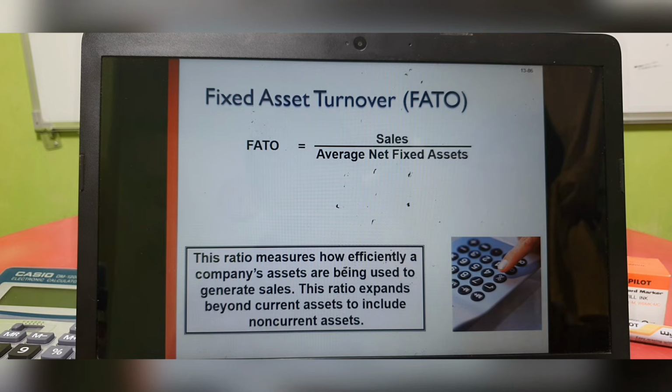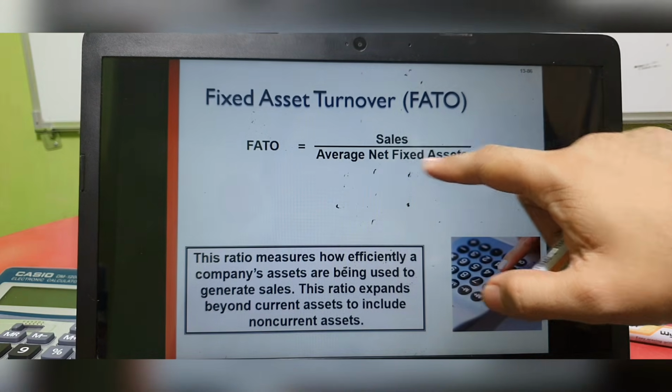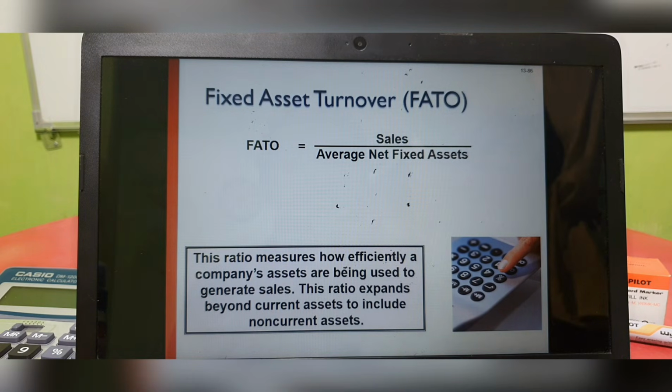Siyempre, dapat kaya ang expectation din natin pagdating sa sales ay pababa din siya. Kasi talagang yung efficiency ng ating machines or PPEs, hindi kasing efficient yan just like nung una natin yung binili. Kaya para match lang yung sales na na-generate for a particular period, dapat net fixed asset yung kino-compare natin.